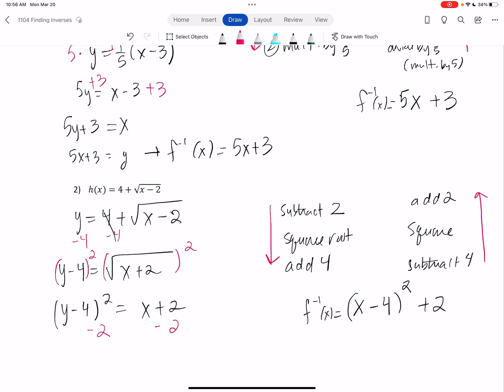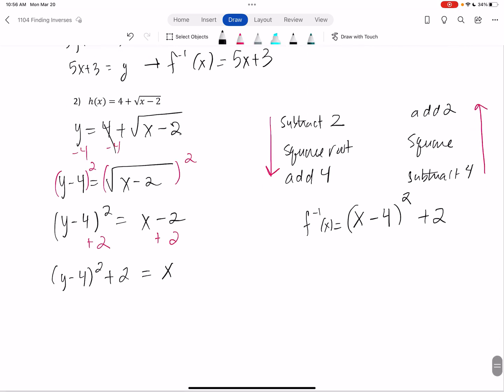Sorry, I switched that to a plus 2 when it was a minus 2. So I'm going to add 2 to both sides. Y minus 4 squared plus 2 is x. Now I switch the x and y. X minus 4 squared plus 2 is y. And then I have my inverse. X minus 4 squared plus 2.